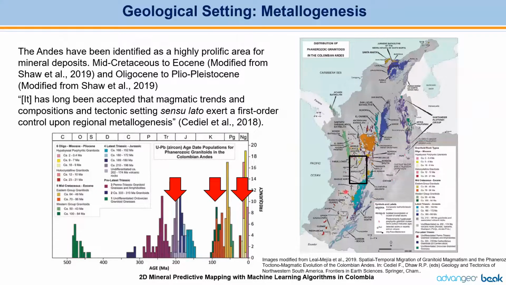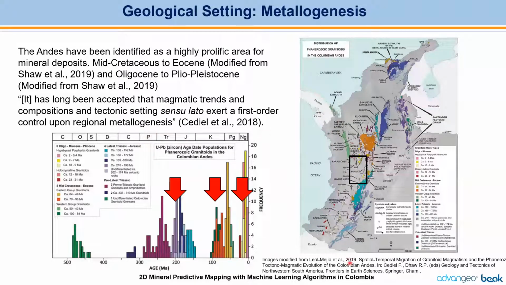Now, we have events happening in this area, but what about magmatism? The works from Leal-Mejía et al. identified several intrusion or magmatism events, and linked with what was defined by Cediel et al., the magmatic trends exert a first-order control upon regional metallogenesis.